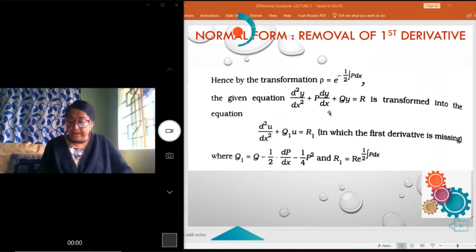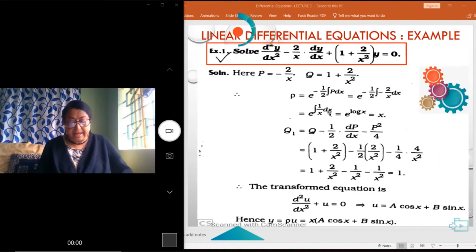Now, for example 1, take d2y/dx² - (2/x) dy/dx + (1 + 2/x²) y = 0. Here p = -2/x, q = 1 + 2/x², and from this ρ = e to the power of minus half ∫p dx, which after calculation gives x.